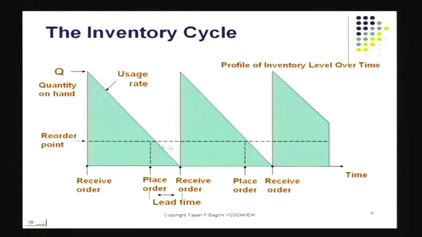How much you're ordering is the quantity that is called the economic order quantity. I'm going to be talking about that in just 1 minute when I get to the next slide. So when you order depends on the reorder point and your rate of consumption. How much you order depends on the economic order quantity. If you repeat these cycles, you order whenever your stock level gets down to the level of the reorder point, then the supplier gets in action.